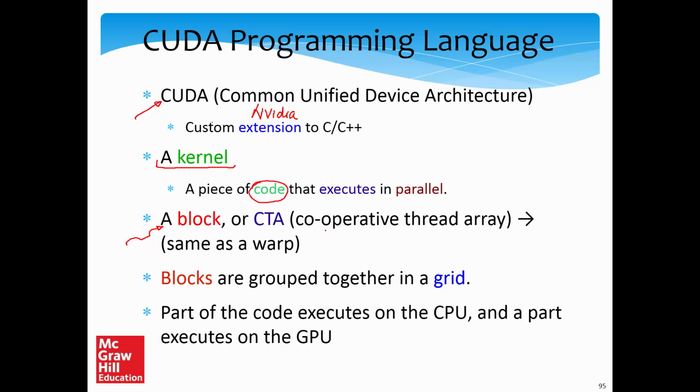A block, or CTA, called a cooperative thread array, is similar to a warp in programming language terminology, in the sense that threads in a block execute together, the same as threads in a warp. And the blocks together are grouped in a grid. Similarly, we defined a grid of warps; in this case we are defining a grid of blocks. So a part of the code executes on the CPU, and a part executes on the GPU.